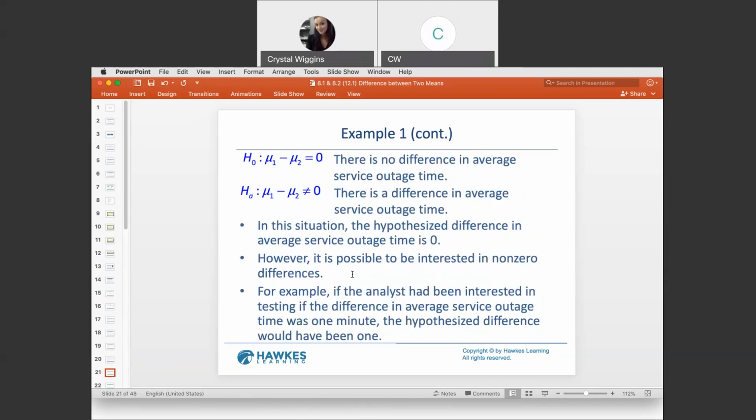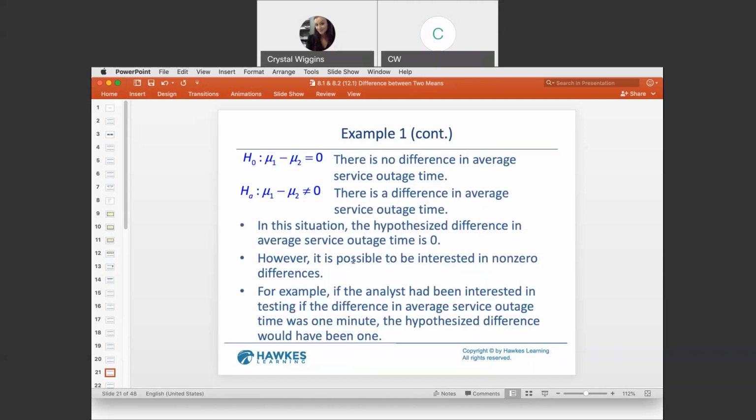And the alternative hypothesis, mu1 minus mu2, is set not equal to 0, which indicates that the difference between the two means is something significant.